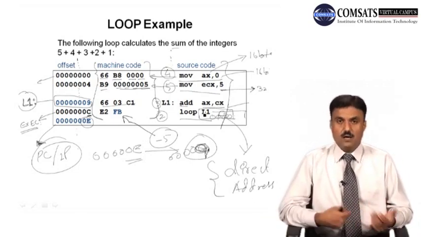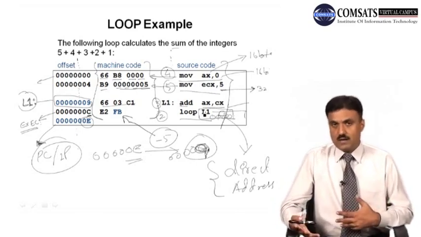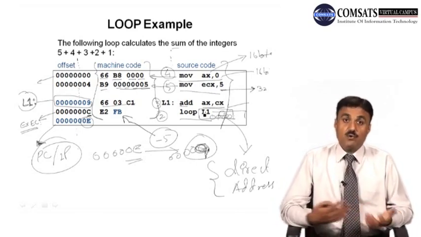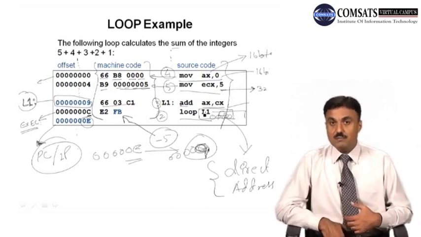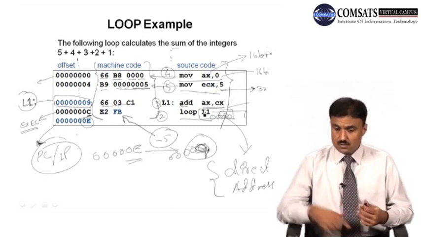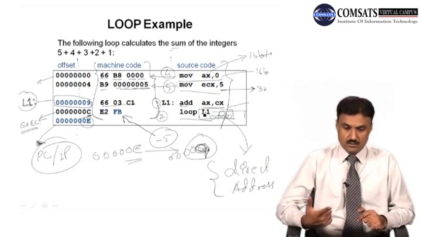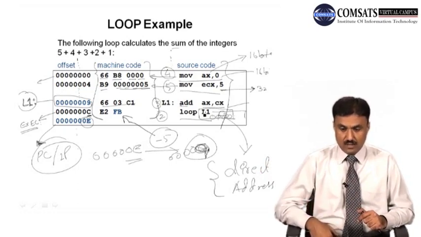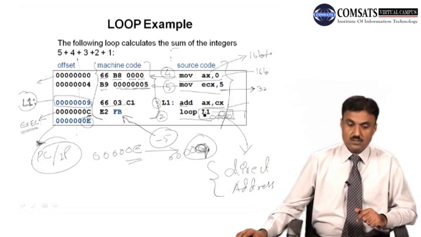If we use real mode, this will be different, and in protected mode or flat mode there will be a complete address. So this loop will move backward to this address L1, the address which is shown as L1. So this is the loop.